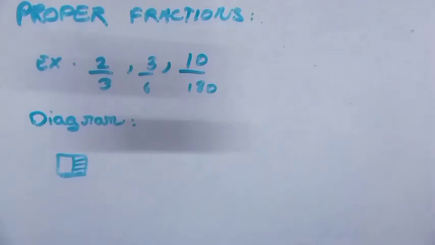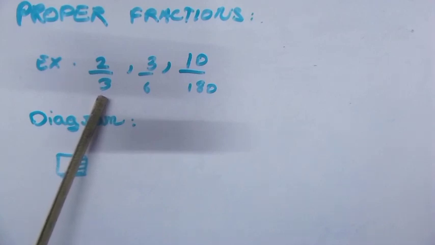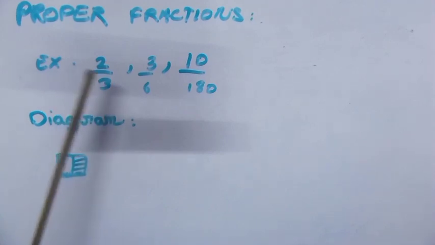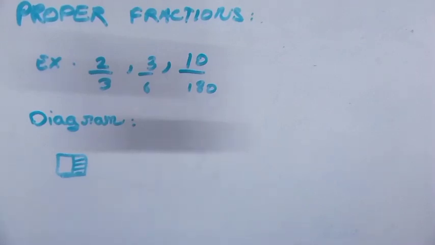Fractions have been classified. Proper fractions. Example, 2 by 3, 3 by 6, 10 by 180. If you have noticed, there is something common in these fractions. Do you know why?